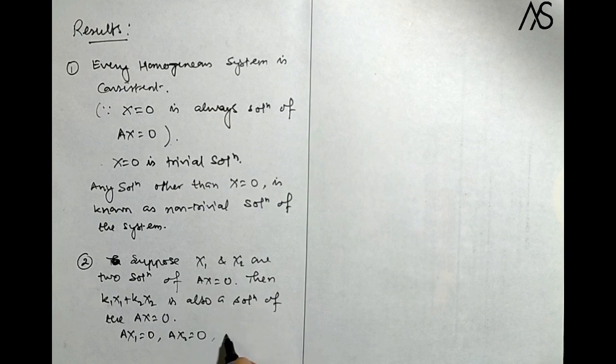So you have to show A of k1 x1 plus k2 x2 equals to 0. We can easily operate and get 0. I need not prove everything.